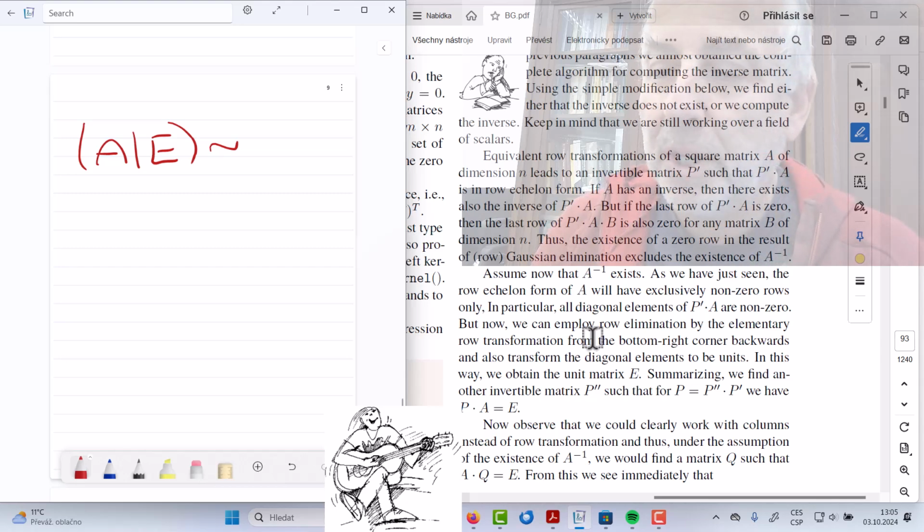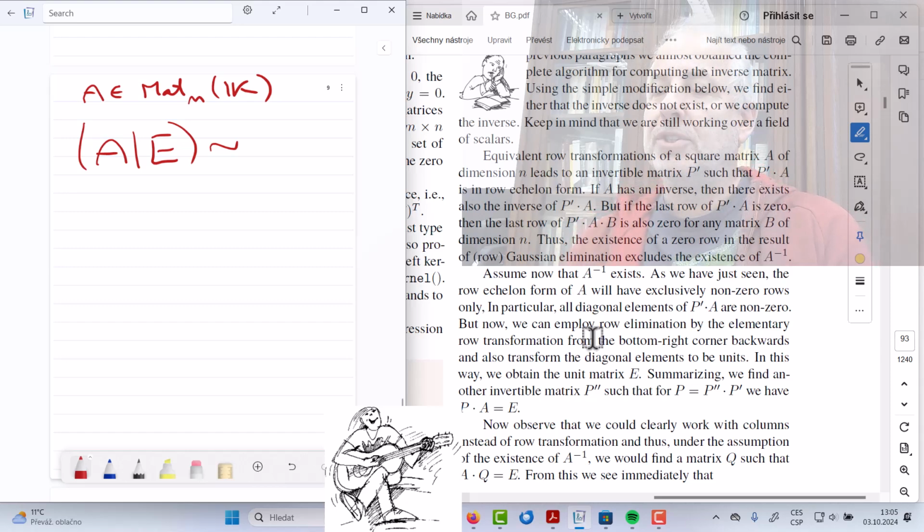So A will be, as I write in the text, a square matrix of size n over scalars, right? So let's think the scalars will be a field of scalars for us now, and we shall run the Gauss elimination and get it to the row echelon form.